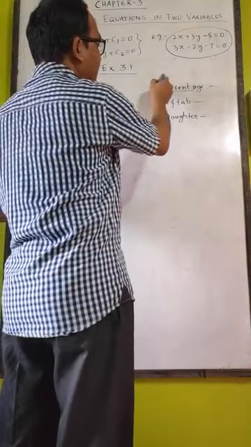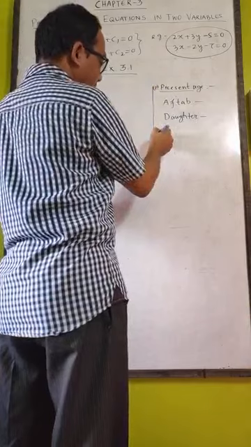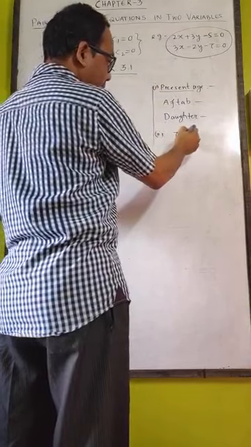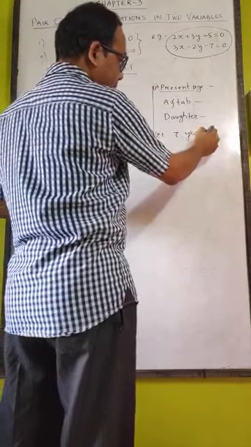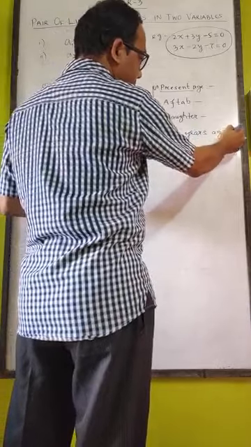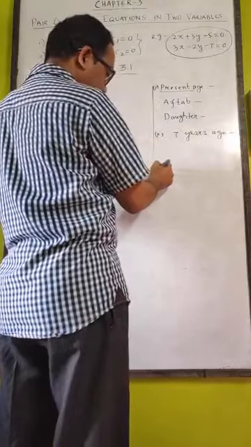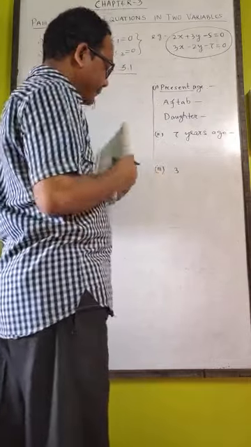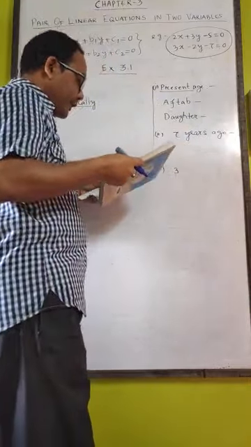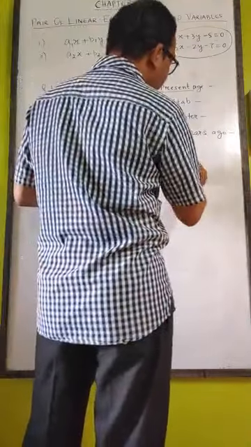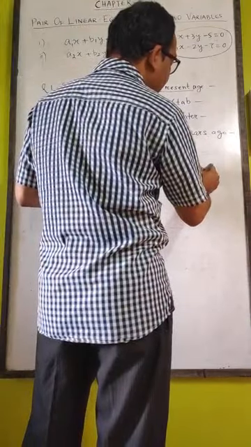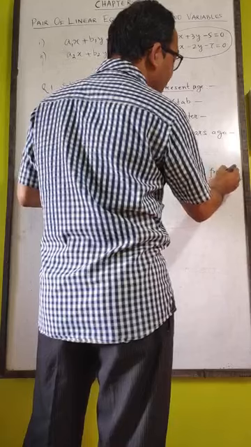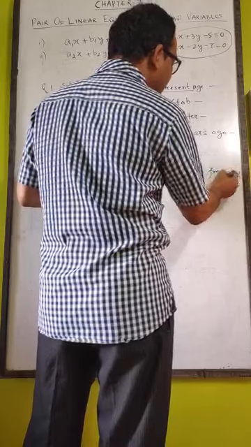The first one is the present age, and the second, 7 years ago, one relation is given. Then the third, 3 years from now, means from the present year.